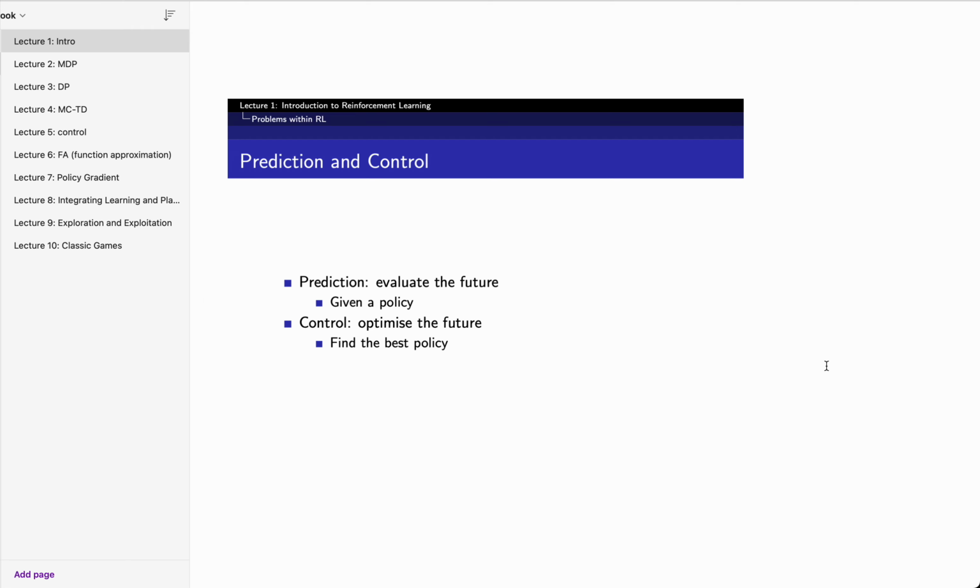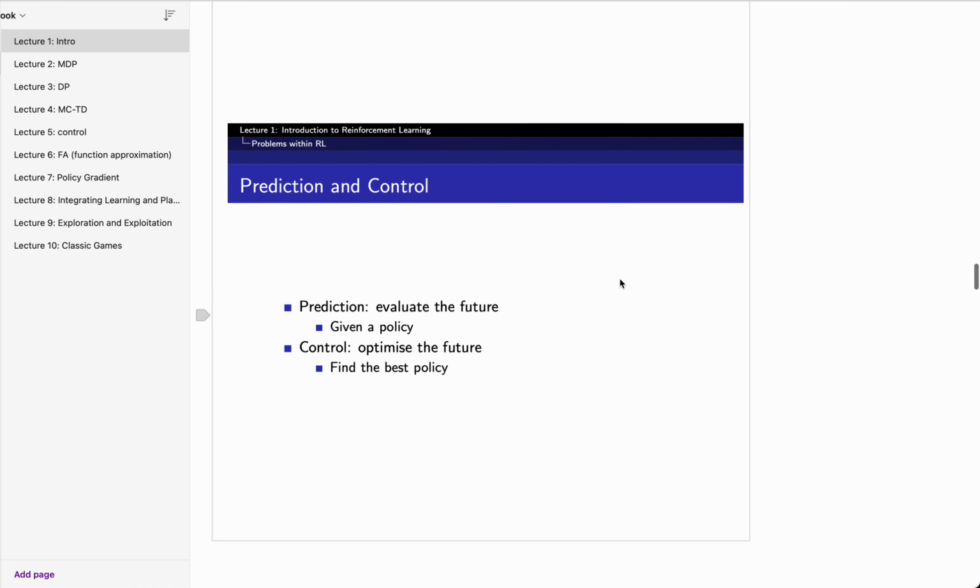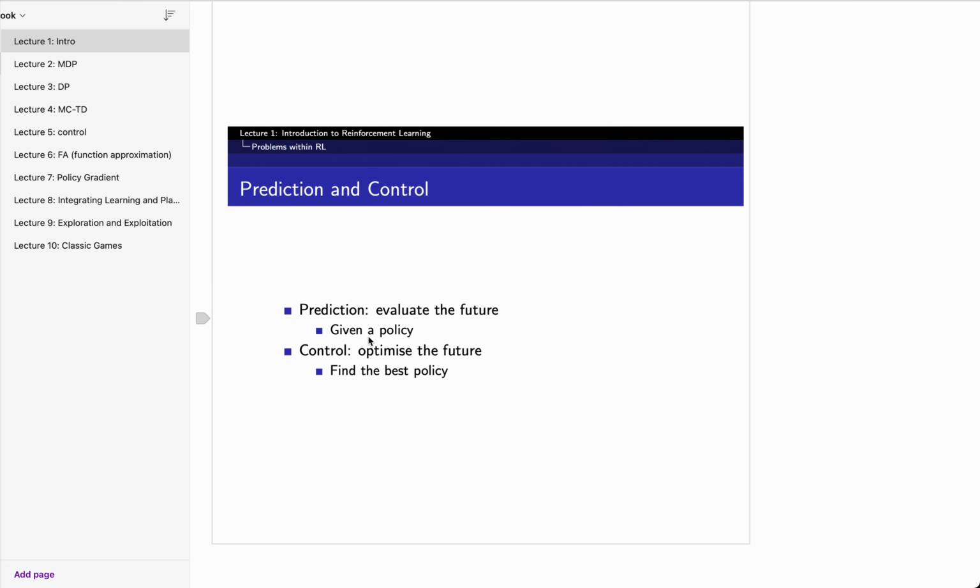I think this is one of the important concepts that I remember a few years ago when I was studying these materials. I didn't quite understand why there is a V, why there is a Q, because the purpose of the problem is different. One is to predict, to evaluate the problem. The other is to control the problem. You need to decide what actions you're going to take.